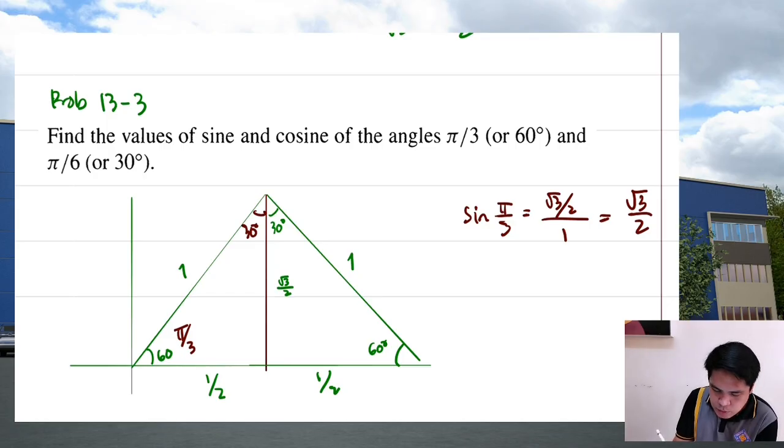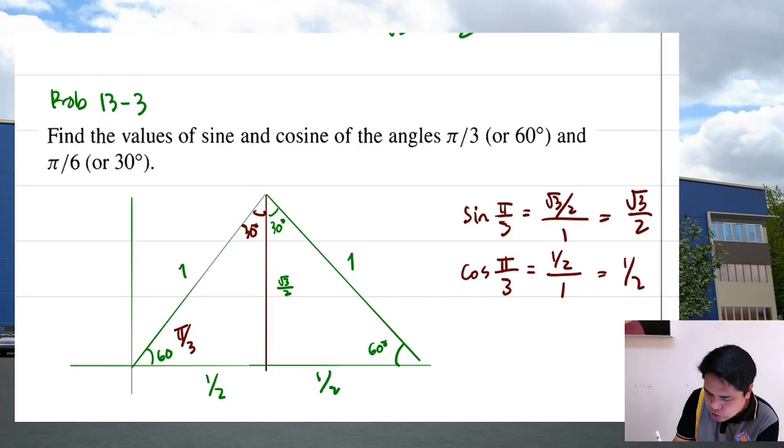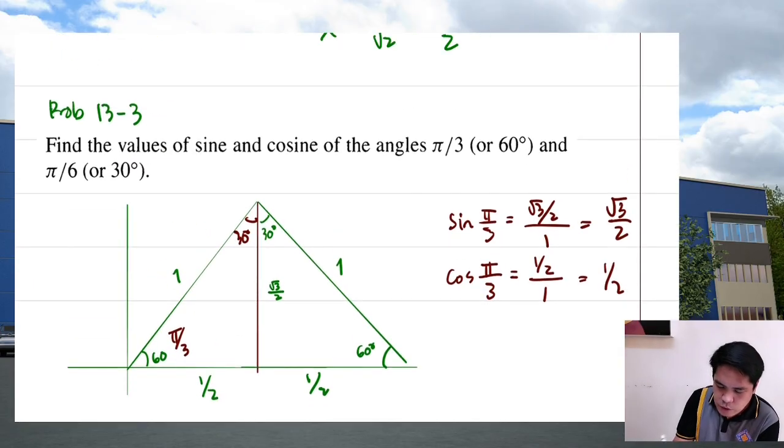Okay? Now, if we have cosine pi over 3, that is adjacent, so that's 1 half over hypotenuse 1. Adjacent over hypotenuse is just equal to 1 half. So we have a value for sine 60 degrees and cosine 60 degrees.